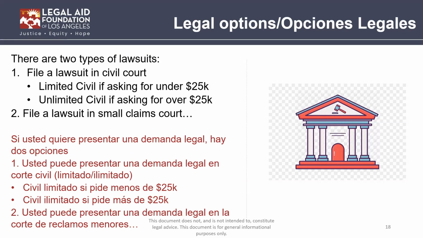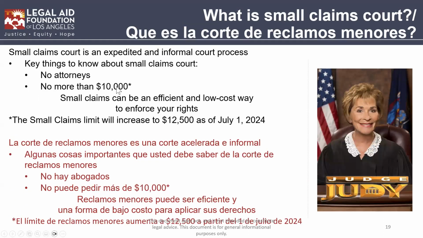Another option for filing a lawsuit is to go to small claims court. Small claims court is an expedited and informal court process. The key things to know about small claims court is that there are no attorneys allowed in small claims. So that means you have to represent yourself, and the person you're suing also has to represent themselves.